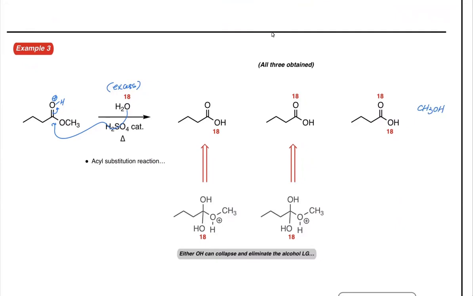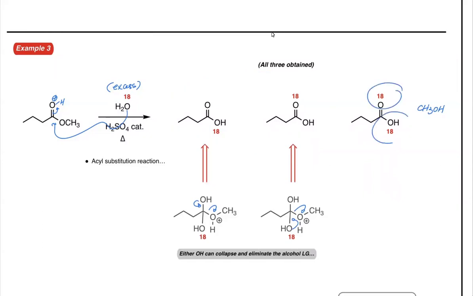Now, from the intermediate, if I were to collapse using my unradiolabeled OH oxygen, that would end up creating this structure here. And if I were to collapse and eliminate my leaving group using the radiolabeled oxygen atom, that would create this structure here. We could therefore say that these are the initial carboxylic acids that would be obtained.